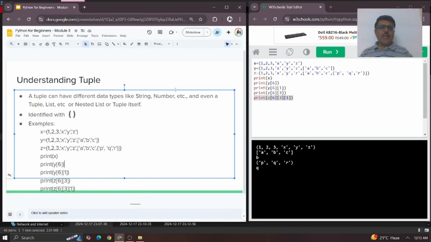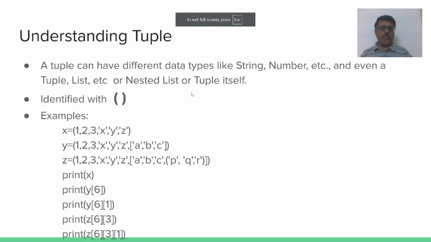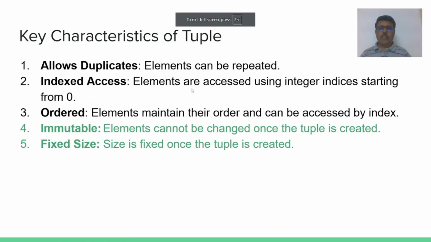So now let's quickly go to the next one. Again, like a list, there are a few key characteristics of a tuple. Please pay attention here. Definitely you will know the differences. Here also you can notice that it allows duplicates. That means elements can be repeated, so it allows duplicate values to be stored.